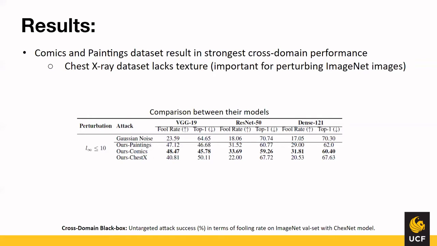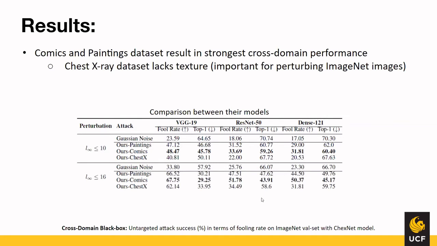The authors touch on this, saying the chest X-ray data set lacks texture, which they find to be important for perturbing ImageNet images. Therefore, they find that the paintings and comics data sets are most effective for training their generator, and they result in strong perturbations on ImageNet images during evaluation time.